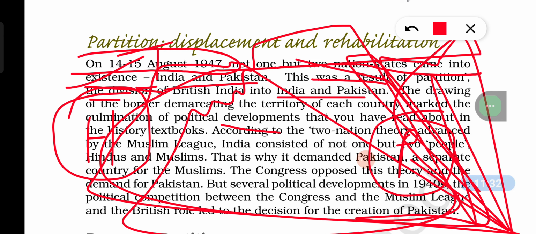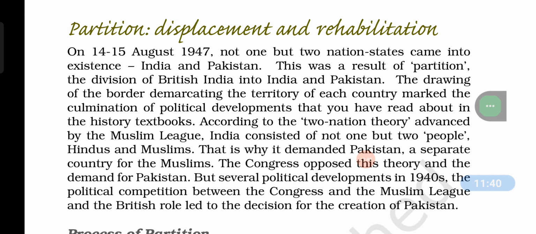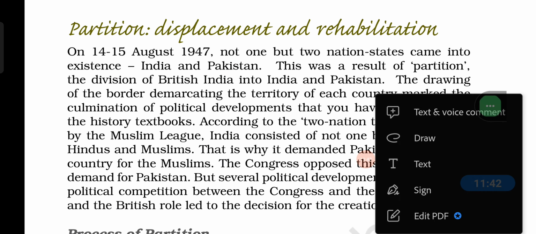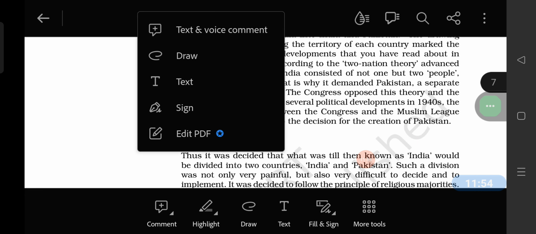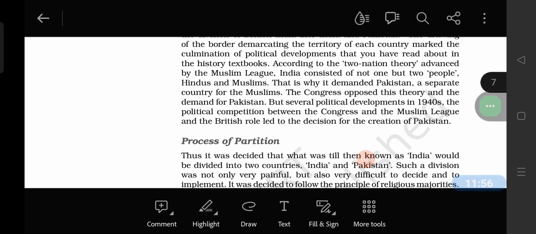Most of the senior leaders decided this. The two nation theory, advanced by the Muslim League, held that India consisted of not one but two peoples, Hindus and Muslims.